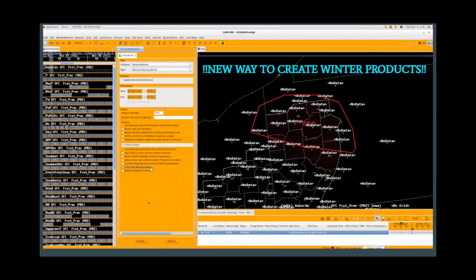But we can also say what a blizzard warning means. We can also tweak it to say, I-80 is prone to snow squalls, please use your best judgment, or something along that line of text that we can now actually put into the product, which we couldn't do before.